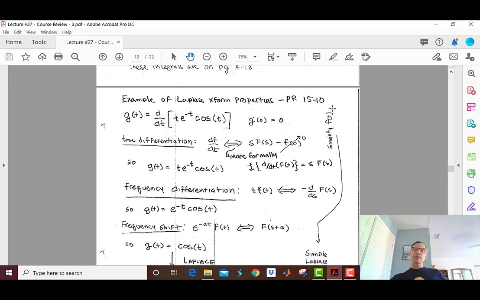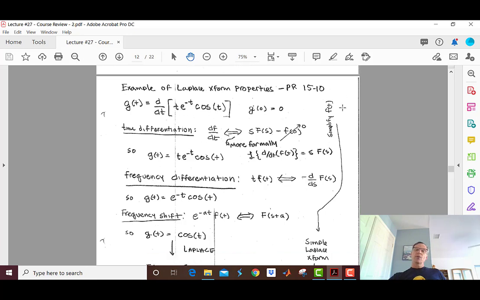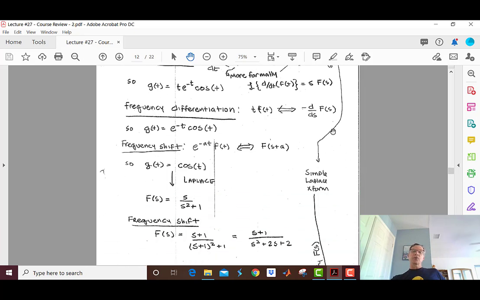I'm showing it just with these arrows. What we're going to do is take ugly time domain and simplify it, and simplify it, and simplify it down to the smallest little function that we can take the Laplace transform of, and then we are going to apply those properties in the frequency domain.